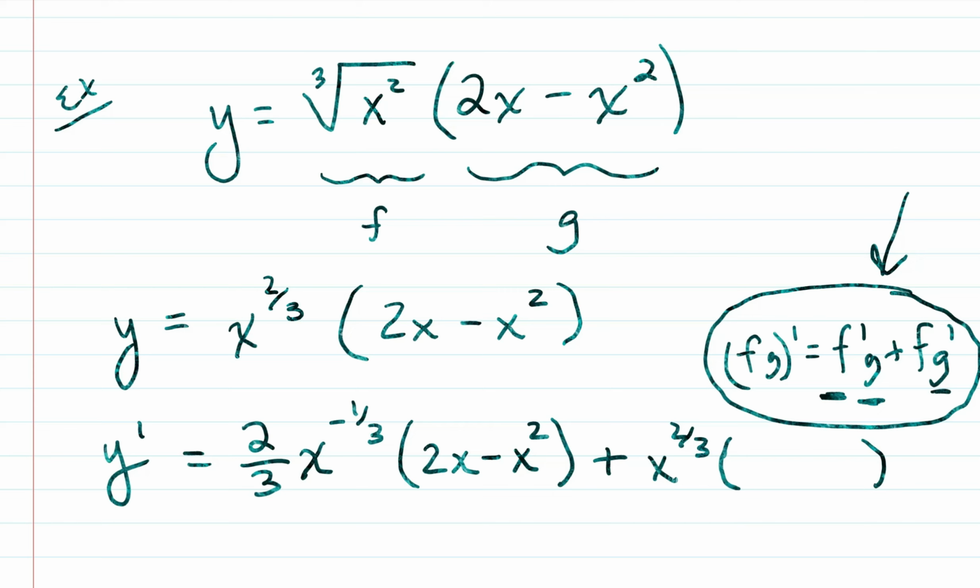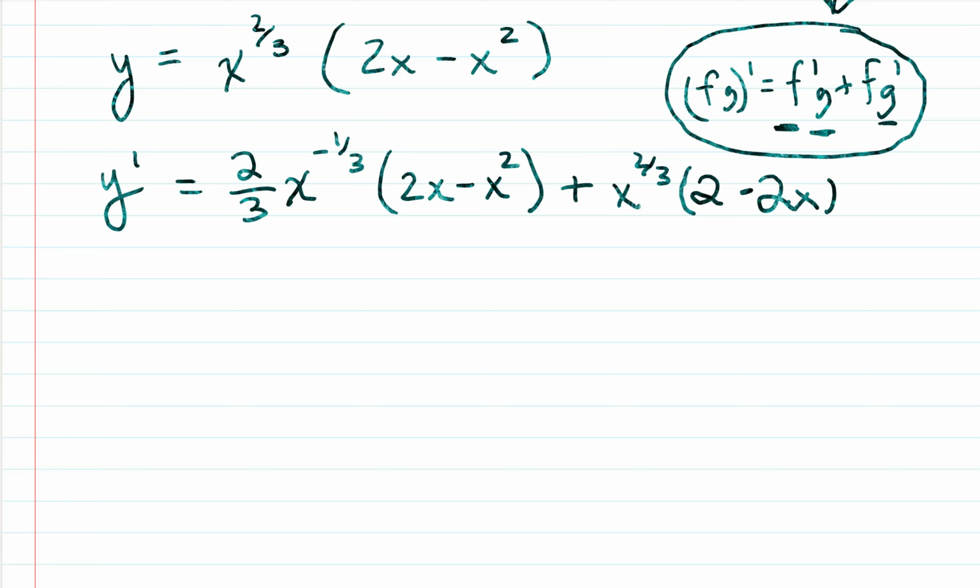So the second function is 2x minus x squared, where the derivative of 2x is just 2, and the derivative of negative x squared is negative 2x, using the power rule, and also telling ourselves that we subtract that 1 from the 2, so that'll be x to the first, and you can choose to write the 1 as the exponent or not. So we've applied the power rule.